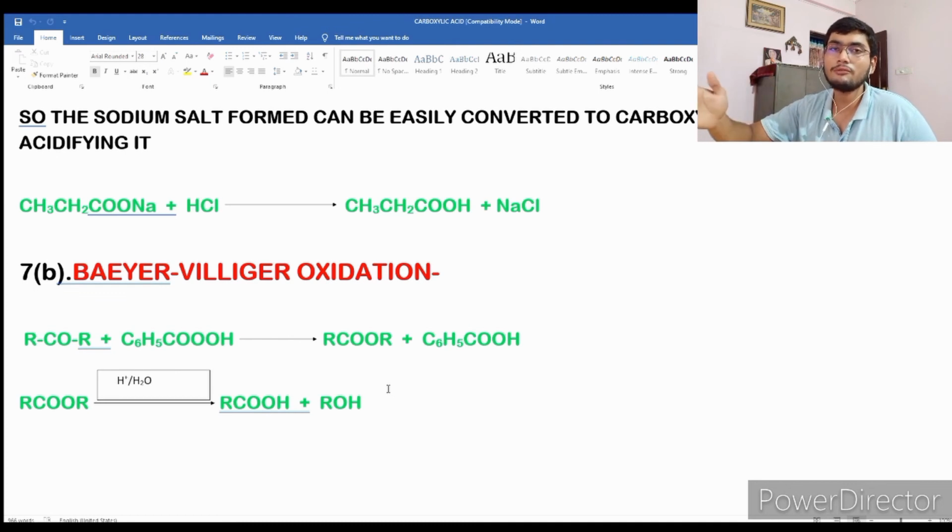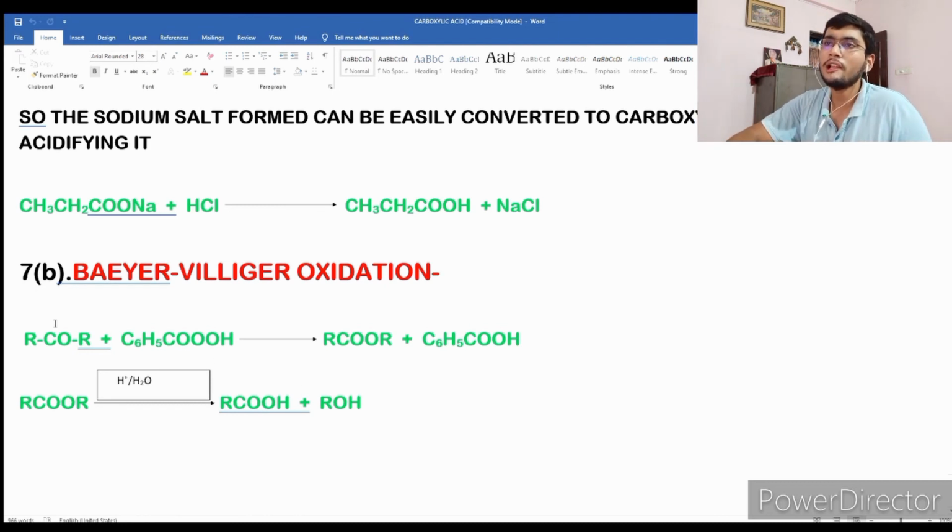When we treat ketones with the peracid, we will get esters. And you know esters can be converted into carboxylic acid by simply hydrolyzing them in the presence of acid, because they are less reactive. That's how you can prepare carboxylic acids by Baeyer-Villiger oxidation.